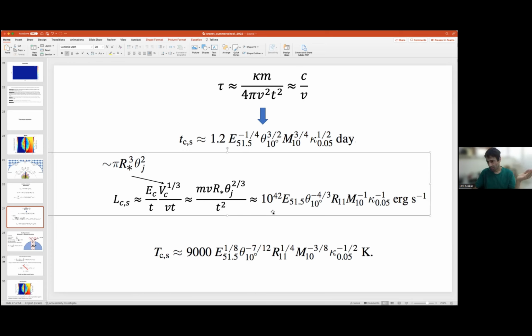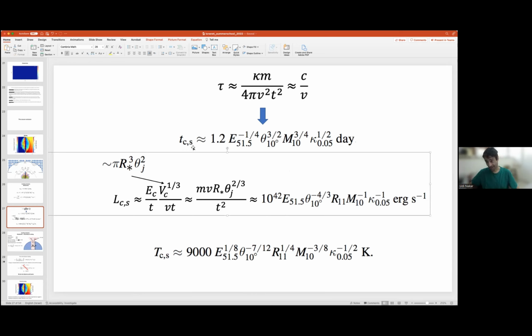A typical supernova, type 2P, which are the most common core collapse supernovae, has a luminosity of roughly 10^42 ergs per second. The difference is that in supernovae, this luminosity is radiated for about 100 days, while in cocoon emission from long GRBs, the emission is over 1 day.